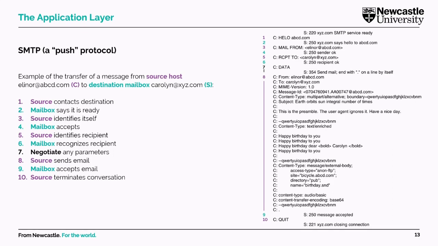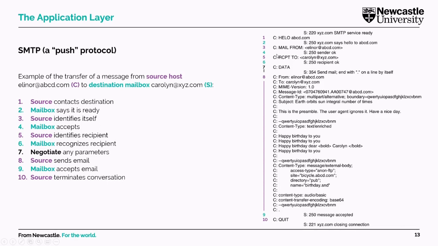So in this example, at the top, we have a source, so the user agent that the host machine contacts. The transfer agent says hello, misspelled, abcd.com.